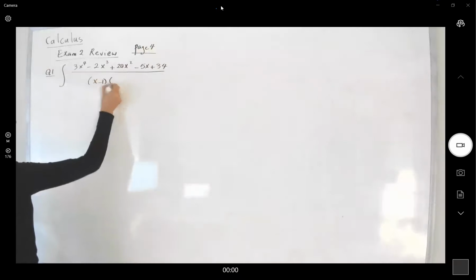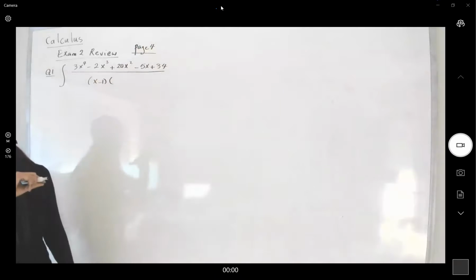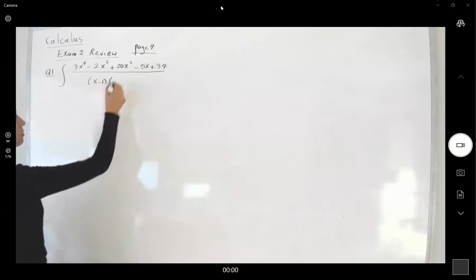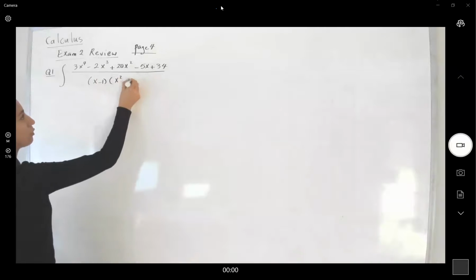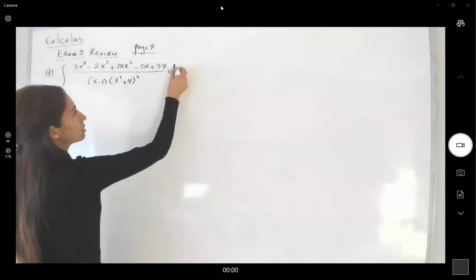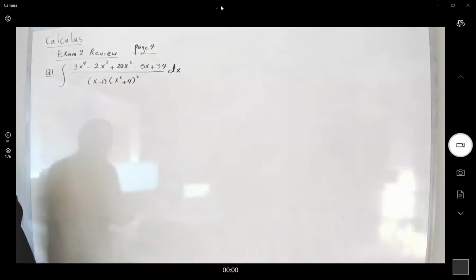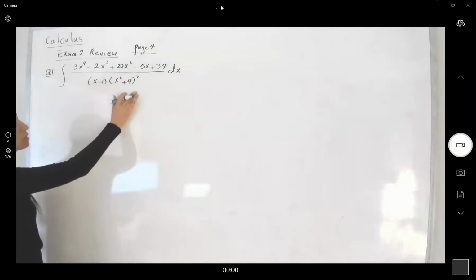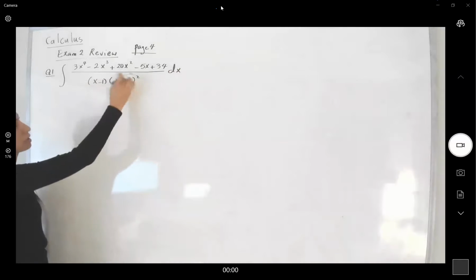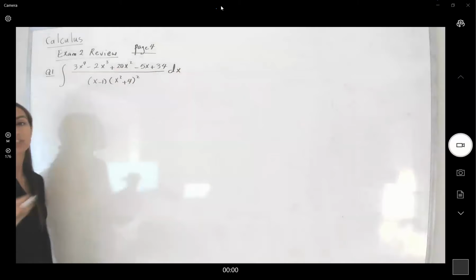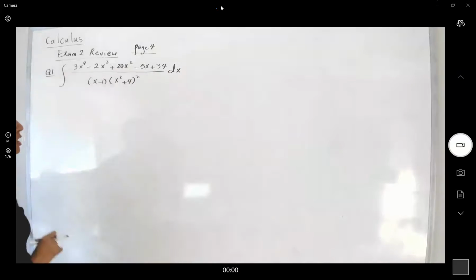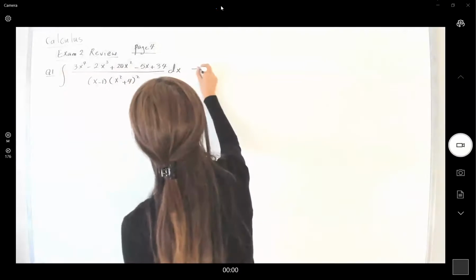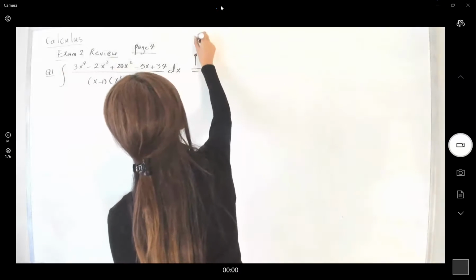We're lucky, we already have the denominator written in factored form: x squared plus 4 to the second, dx. Note that the degree of the denominator is 5, which is larger than the degree of the numerator. So we need to use partial fractions.